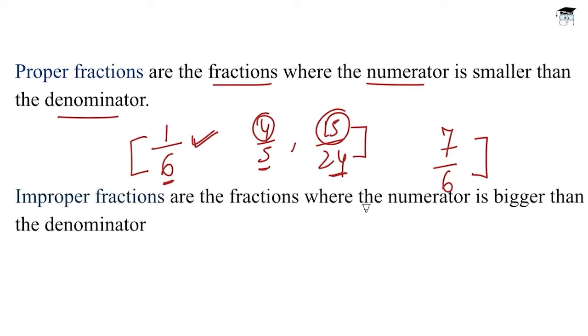Improper fractions are the fractions where the numerator is bigger than the denominator. For example, 10 by 9 or 5 by 4 are improper fractions because the numerator 10 is bigger than the denominator 9 and the numerator 5 is bigger than the denominator 4.